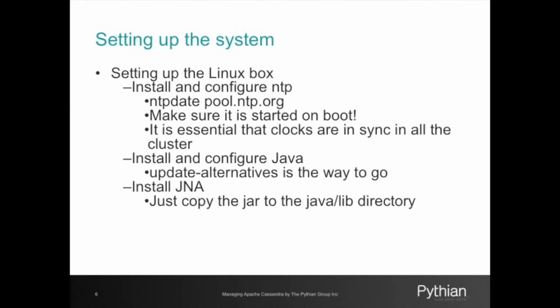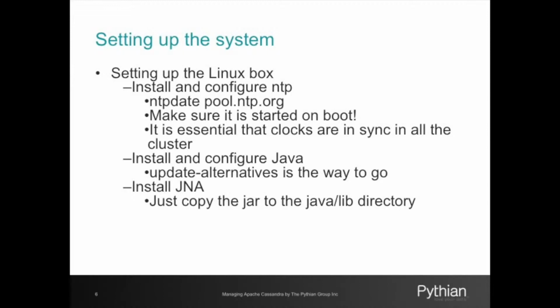So, first of all, get your Linux box running. It doesn't matter the flavor, although it's known to work on almost every one. I'm a fan of the Red Hat and CentOS flavors, but I've worked widely with Debian and Ubuntu boxes. The first thing I always do before I install Cassandra is configure the clock.